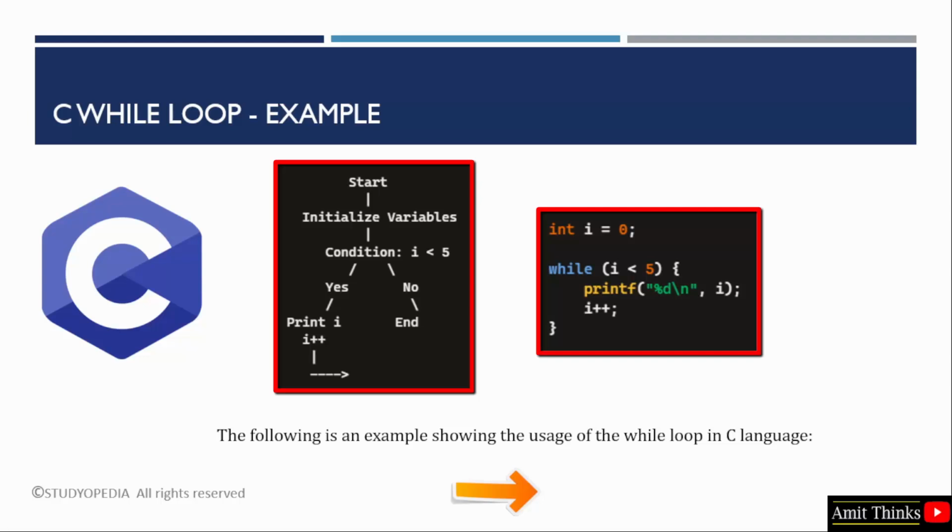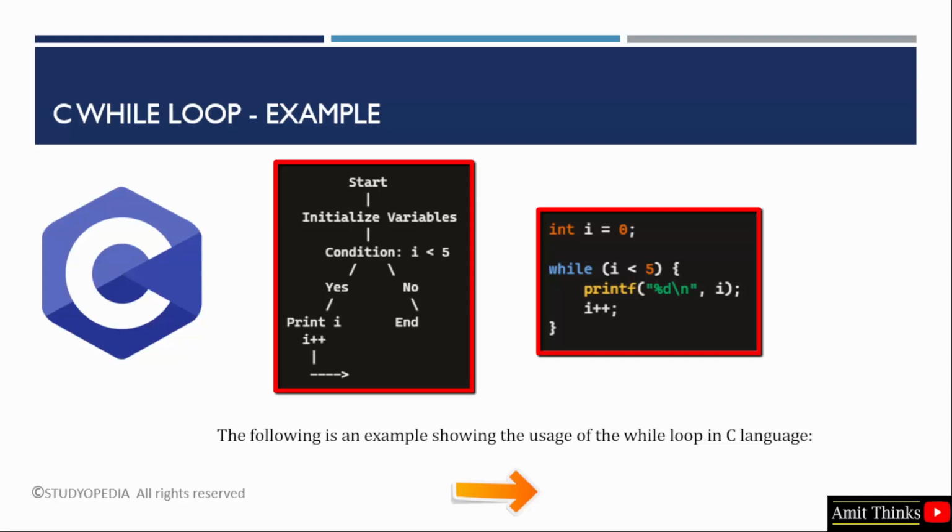Since our value of i is 0, the condition is true, that is yes. Therefore, using printf, we will print the current value of i, and after that the loop counter i++, so i is equal to i + 1, will increment the value of i. It was 0 initially. After the first printf, it will be 1.